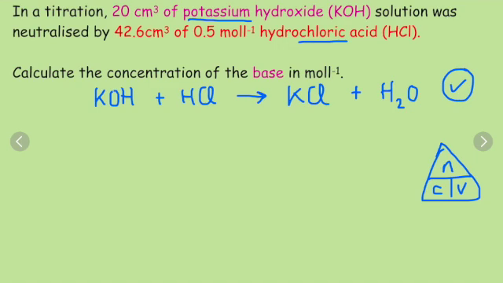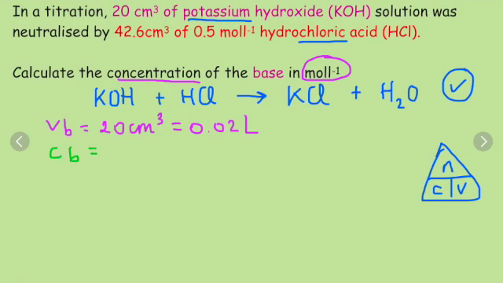And now we can start writing what we have from the question. So we know that the volume of the base is 20 centimeters cubed, which is 0.02 liters, and it's asking us for the concentration in mole per liter. So we don't know the concentration of the base yet.